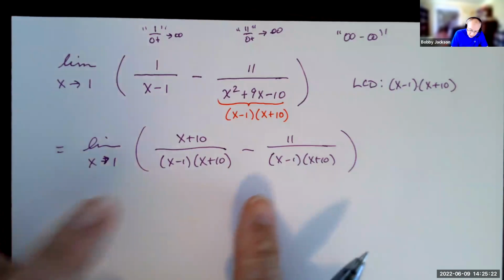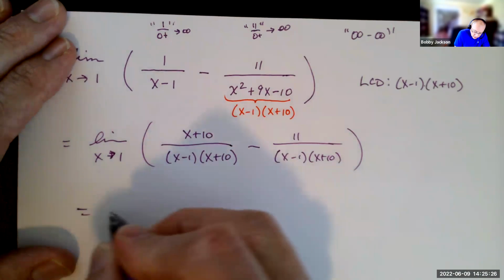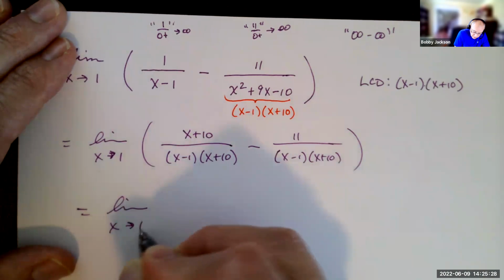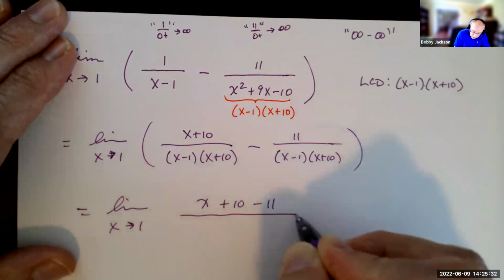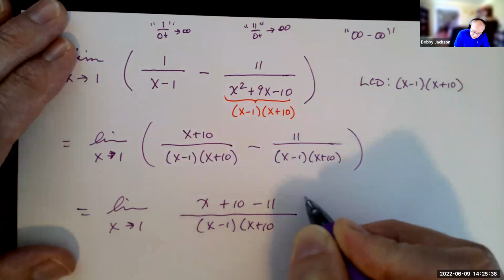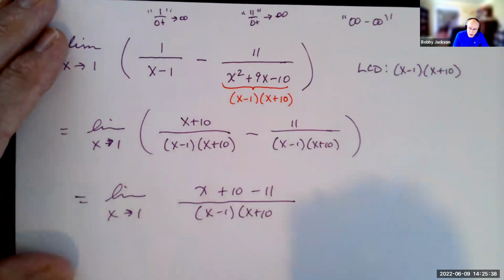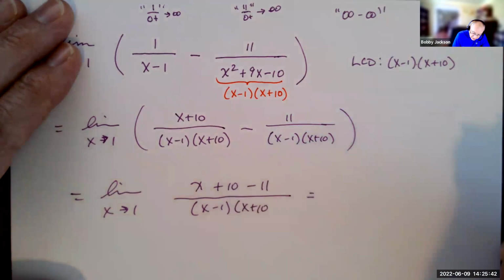Now I have the same denominator, so I can subtract the numerators. Up top, I'll get x plus 10 minus 11 all over that. I can simplify the top because positive 10 minus 11 is negative 1.